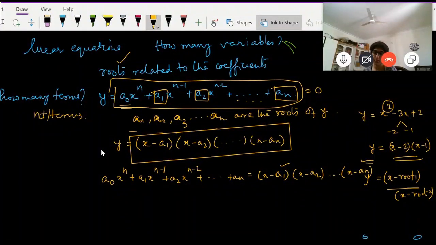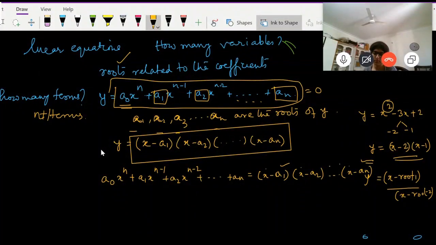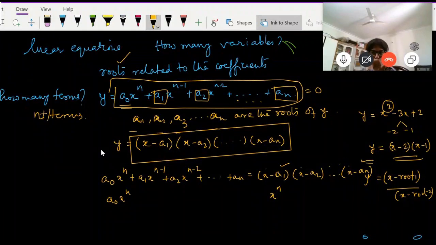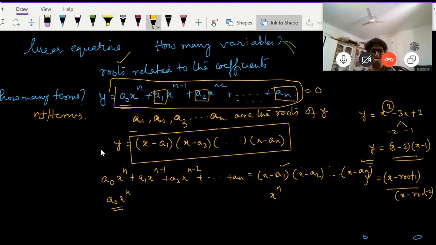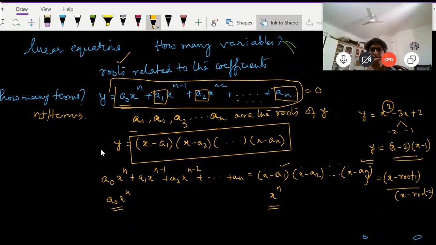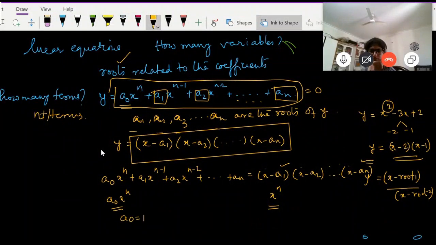So here you see that x into x into x into x into x. So there will be an x to the power n term here, and here I have a0 x to the power n. So this and this should be equal. So therefore a0 is 1 here, right?